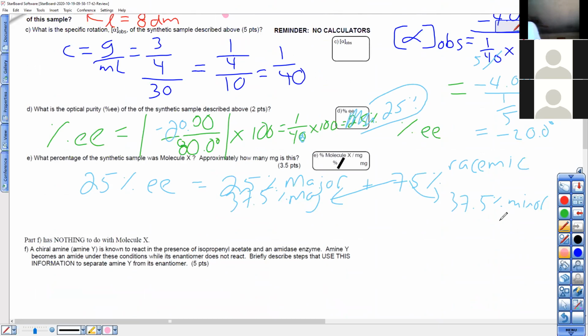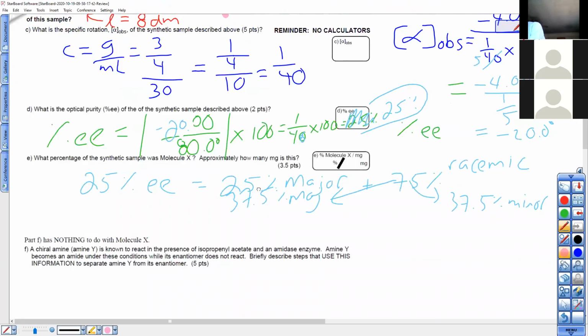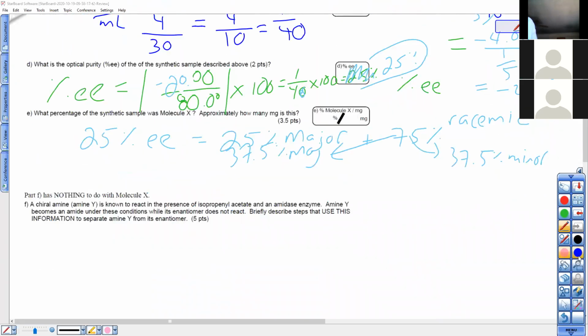So, 37.5% of the total was 750 milligrams. Please do not freak out on me here. I need 10%, 3 times, and then I need 5%. That's 35 total, and then I need half of that. This is pretty easy math.